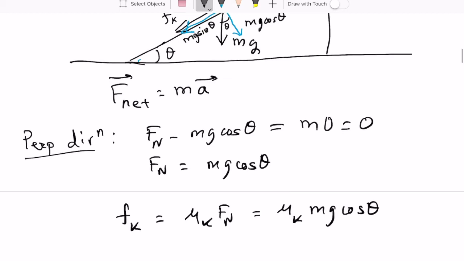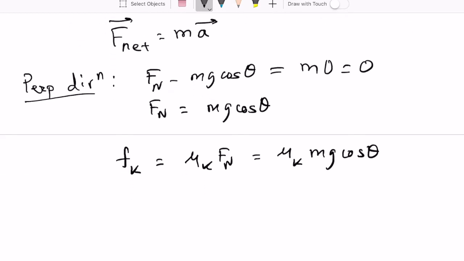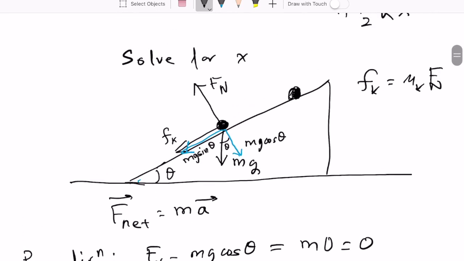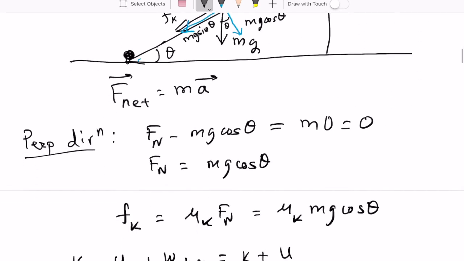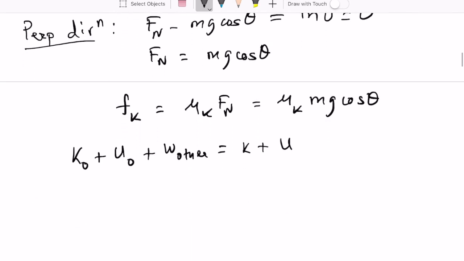Okay, now we are going to apply K0 plus U0 plus W other equals K plus U to this problem, right? Our initial state would be when the truck was at the bottom, and our final state will be when the truck is all the way at the top where it stopped. What is the initial kinetic energy of the truck?